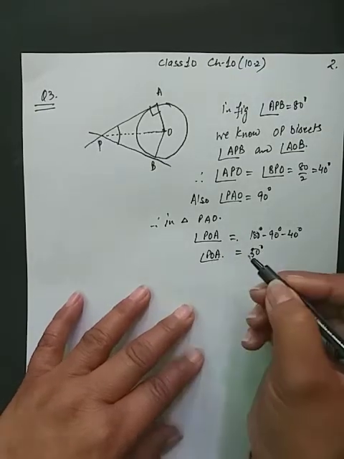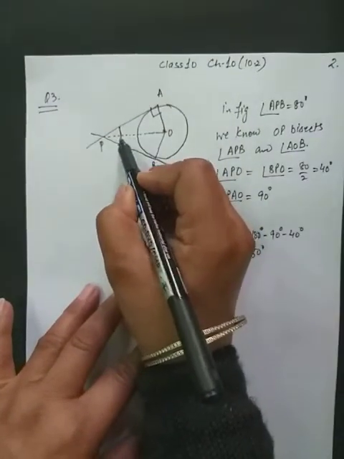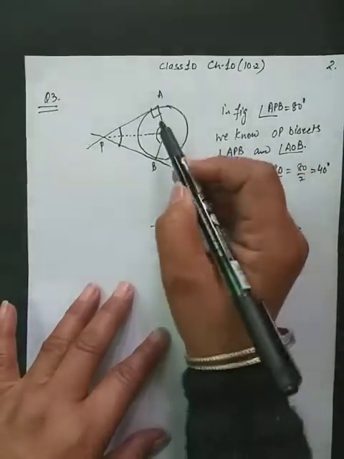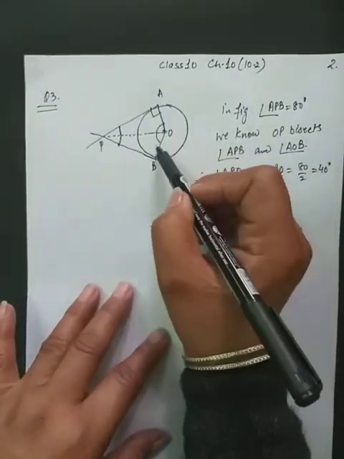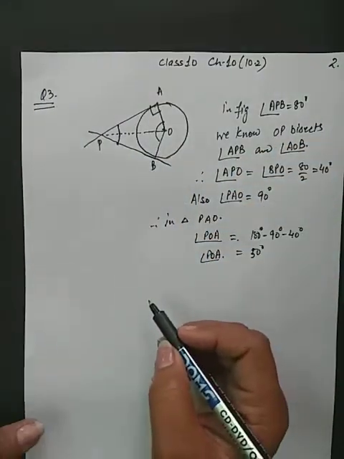Or we can find it directly, because this complete angle is given to us 80 degree. So angle AOB will also be of 100 degree, and angle AOP is half of angle AOB. So directly we can find it as 50 degree.